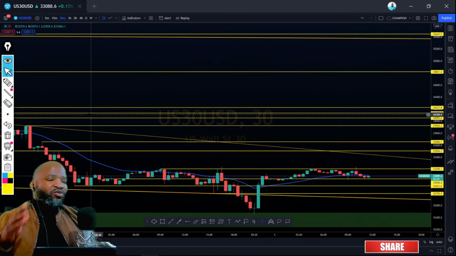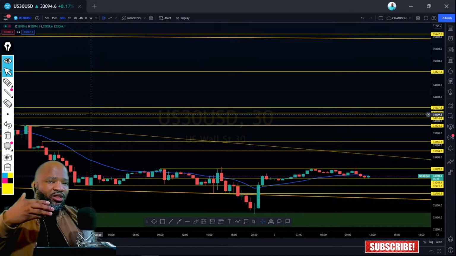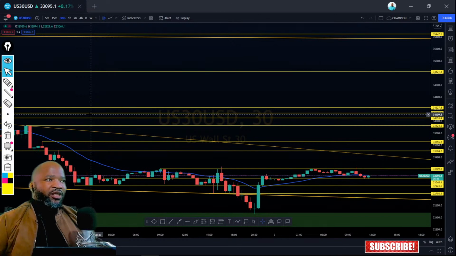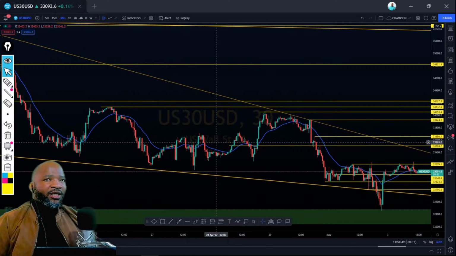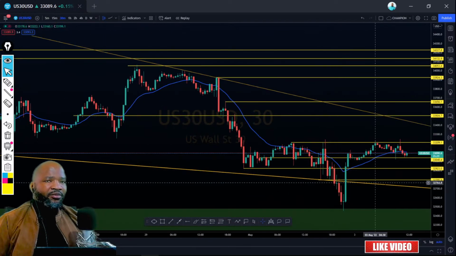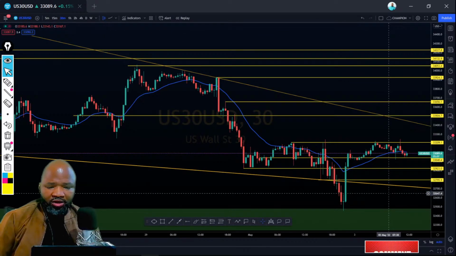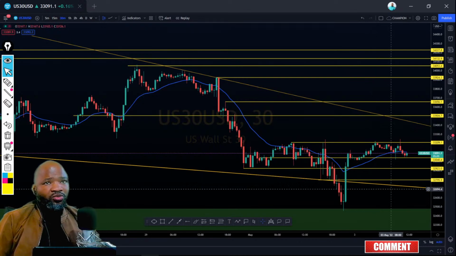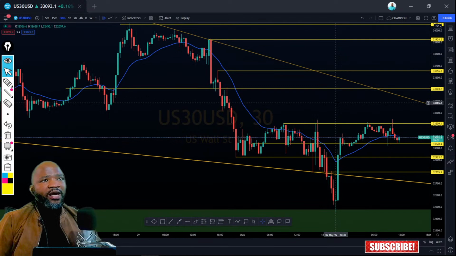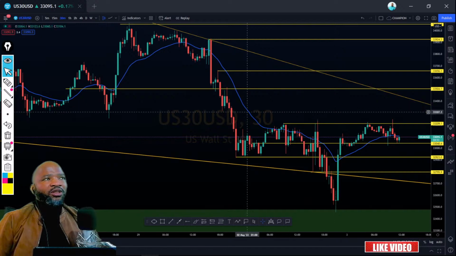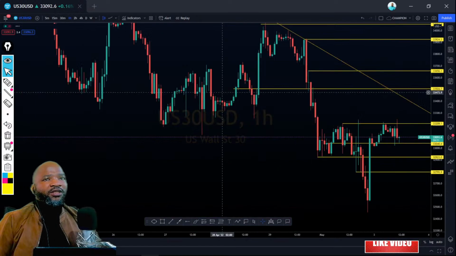It's nice when you read the books and you see these patterns, and when you see them live, you understand them better because you've been reading the books. It's not something new to your eyes.